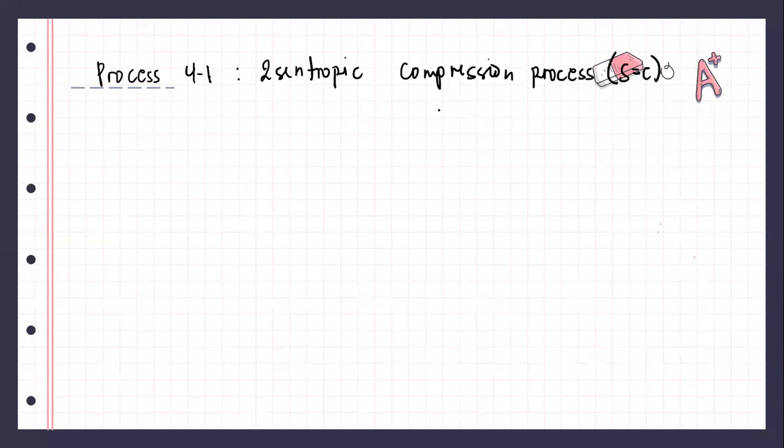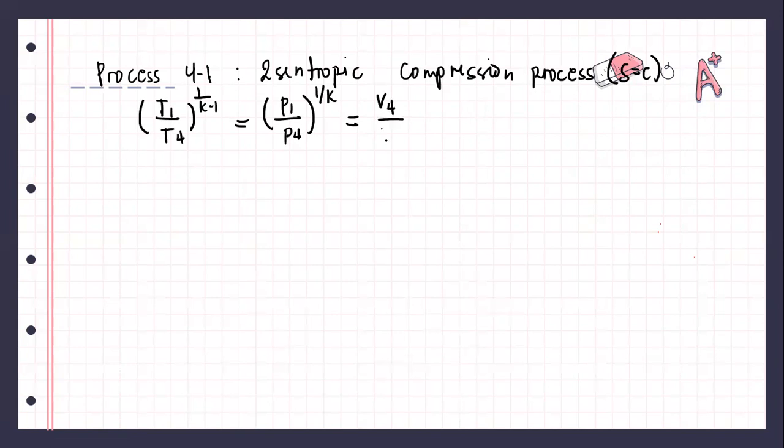Okay, we have T1 over T4 raised to 1 over K minus 1 equal to P1 over P4 raised to 1 over K, which is equal to V4 over V1.